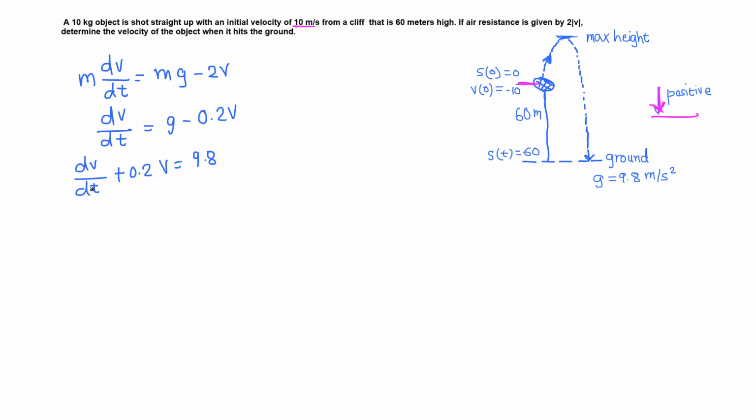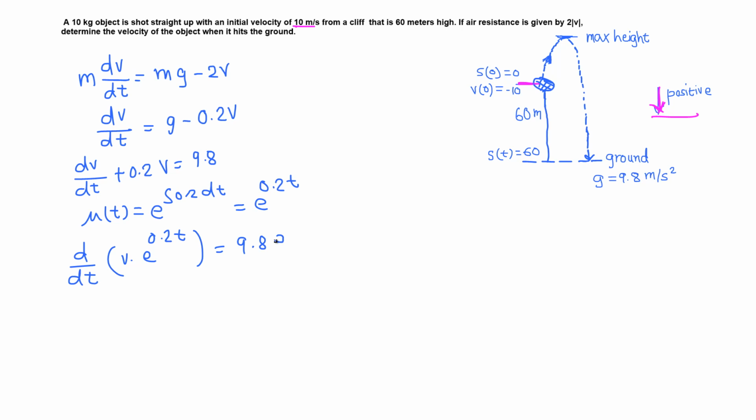This is linear in v with respect to t. So we find the integrating factor e raised to the integral of 0.2 dt, which is e raised to 0.2 t. Multiply both sides by this integrating factor, then the left hand side automatically becomes the derivative of the dependent variable v times the exponential integrating factor, equals 9.8 times e raised to 0.2 t.